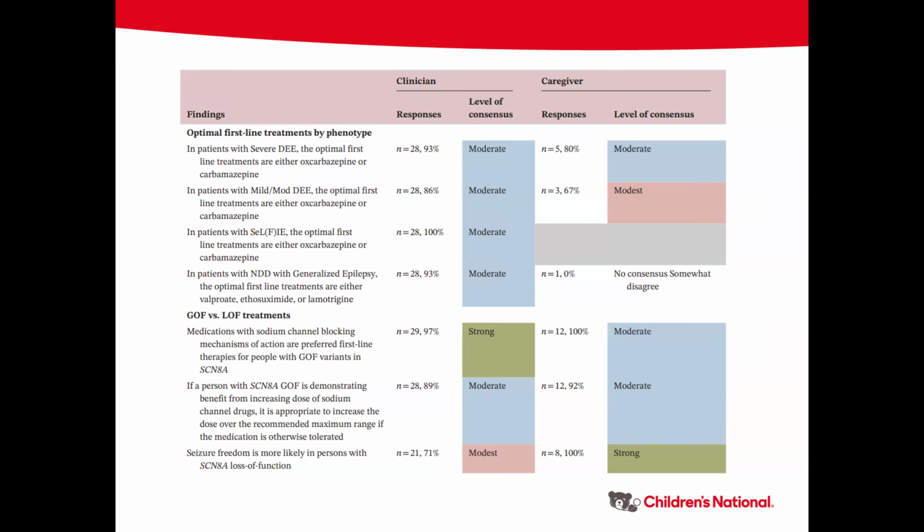And patients with generalized epilepsy, the first-line treatments that are preferred are valproate, ethosuximide, or lamotrigine, things most commonly used for absence seizures. And then gain of function versus loss of function, again, is listed down there. So sodium channel blockers are favored, and there was strong consensus there that those should be first-line therapies for those with either presumed or known gain of function variants.